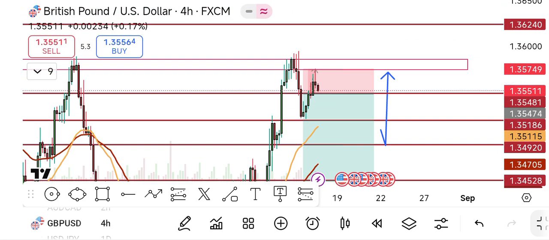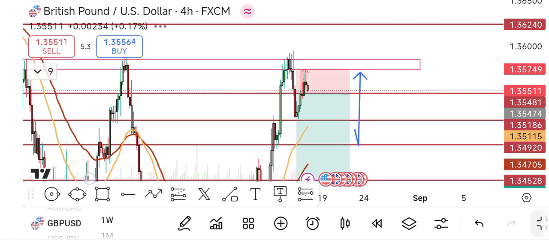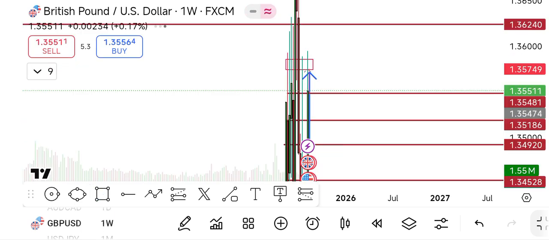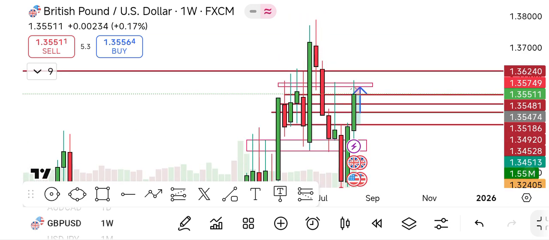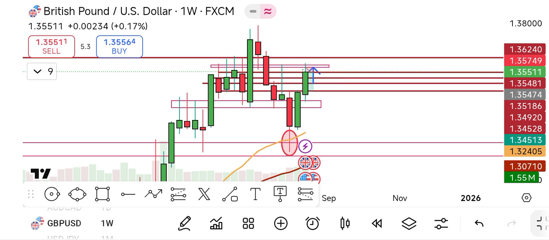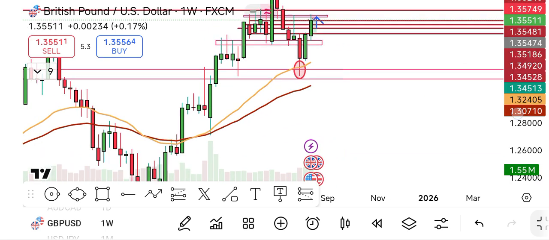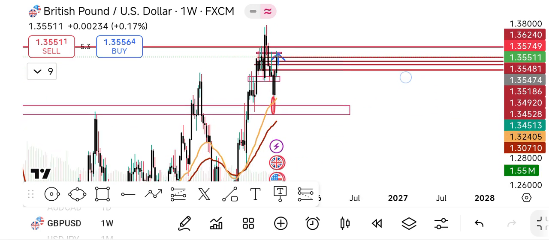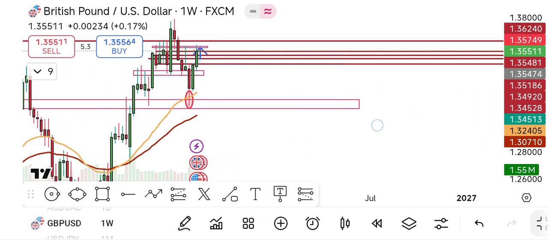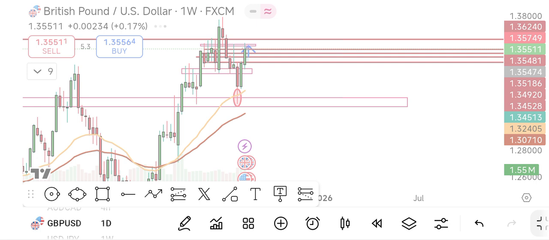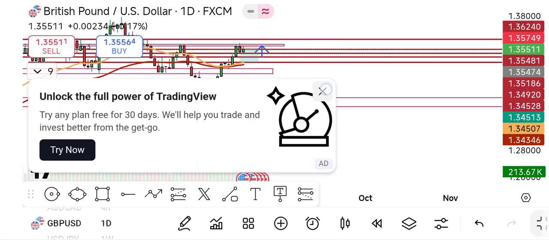So let's move to GBP USD. As you can see in the market, there is an opportunity for sell. It has been forming an uptrend on the weekly time frame. To me, it's a short term sell. Weekly, it has been forming an uptrend, trying to correct.